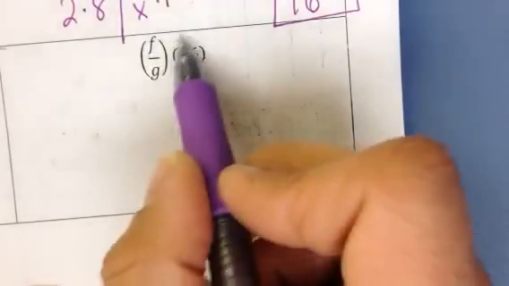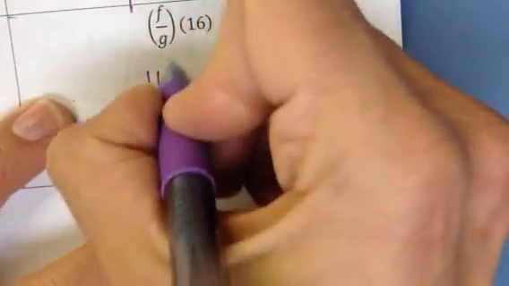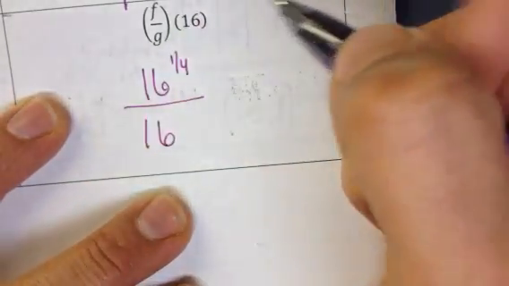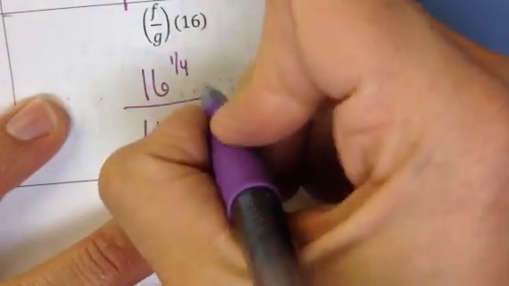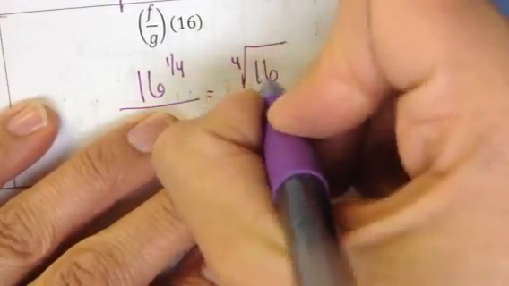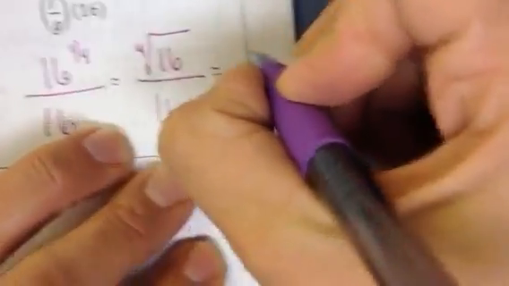And then this says just take your division problem and do the same thing. So I'm going to put 16 in. And you got 2 ways you could do this. What I'm going to do is just take the 4th root of 16, which is 2, and then take 2/16 and get 1/8.